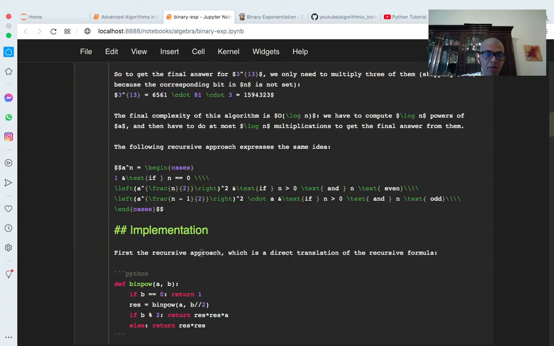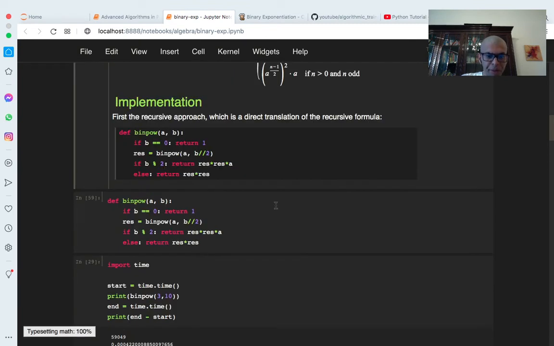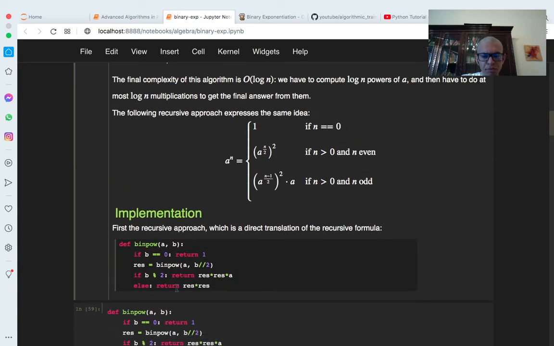So here, if b is even, it will return res times res. So what is result times result? It's the bin power of a, b by 2, times the bin power of a, b by 2, and it's this result we have here. It's exactly what we have in this one here.